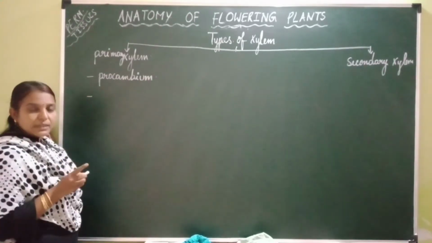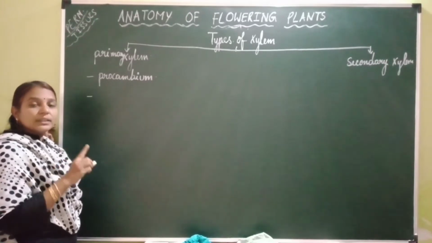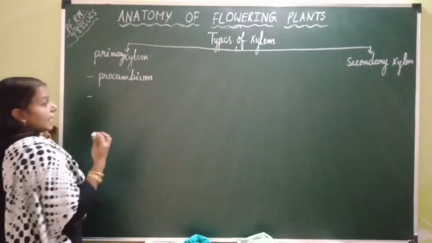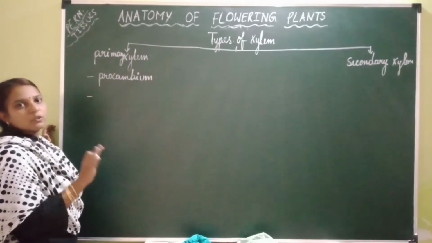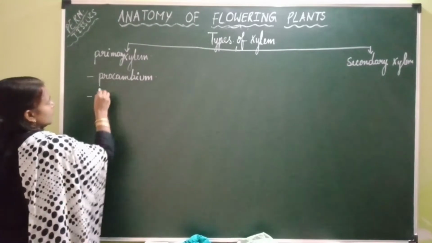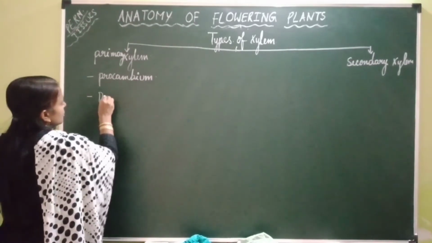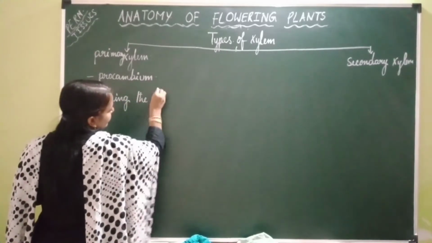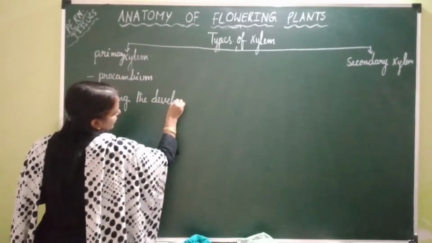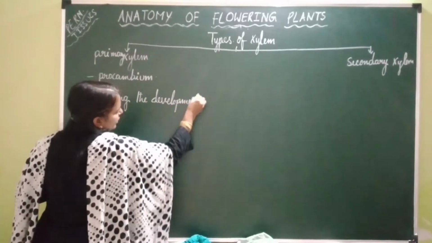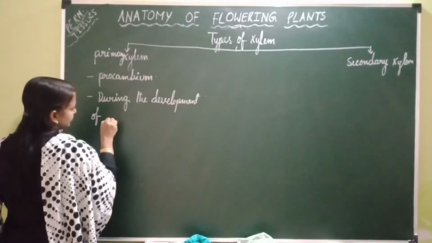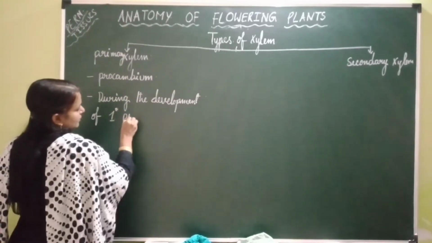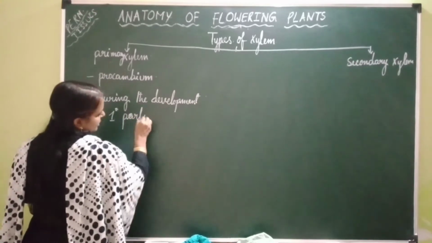That is nothing but the primary growth of the plant, and that too during the initial stages of primary growth. Primary parts of plants, I am representing here like this.